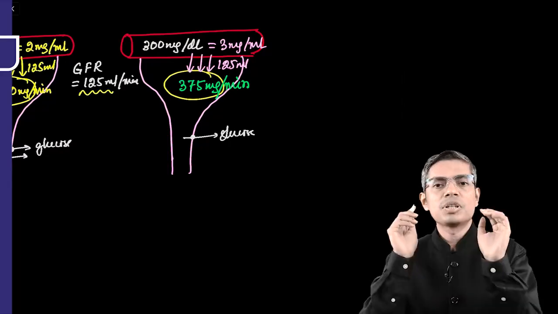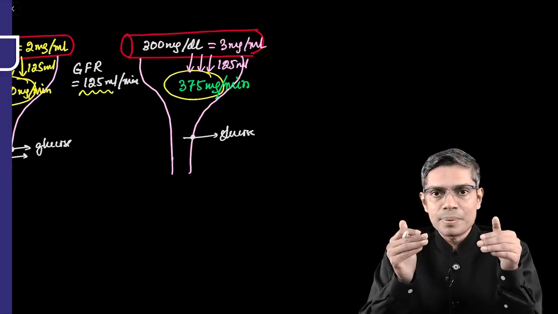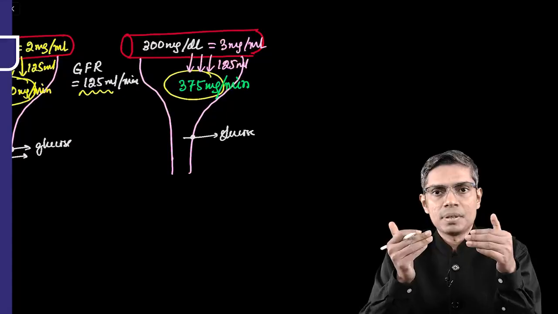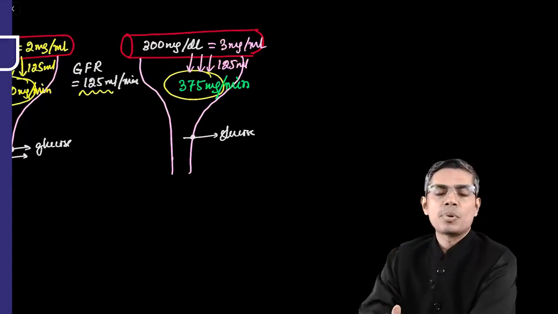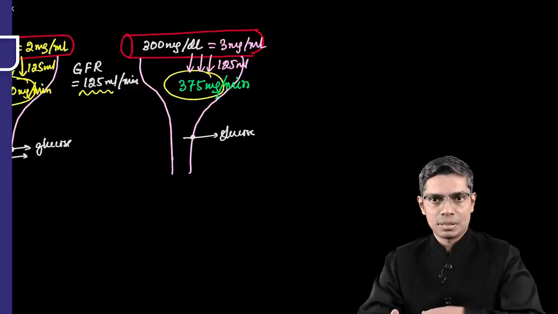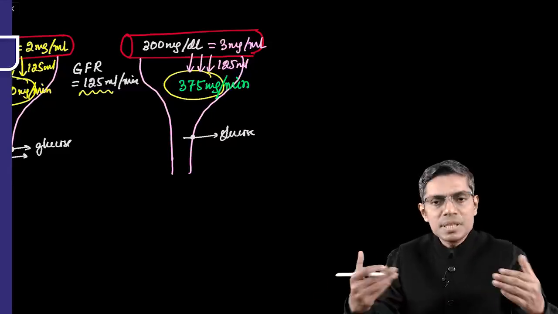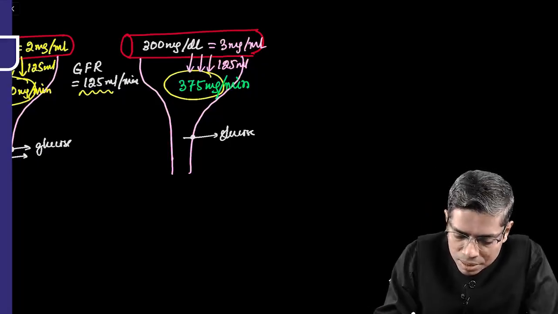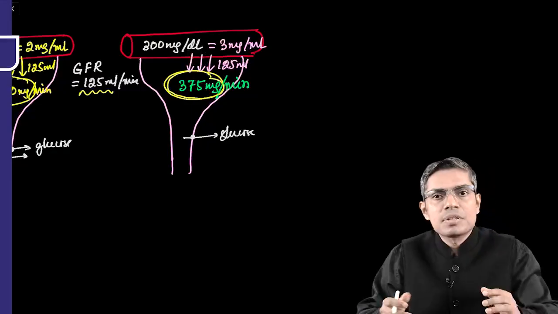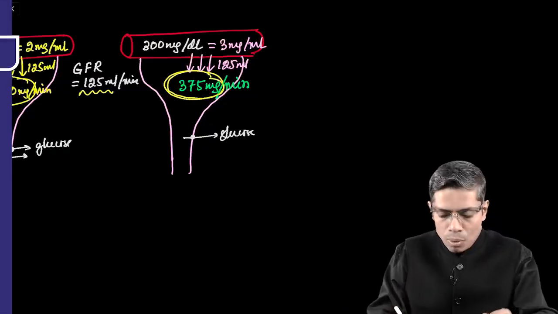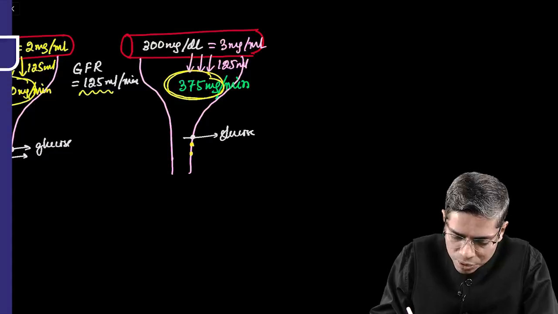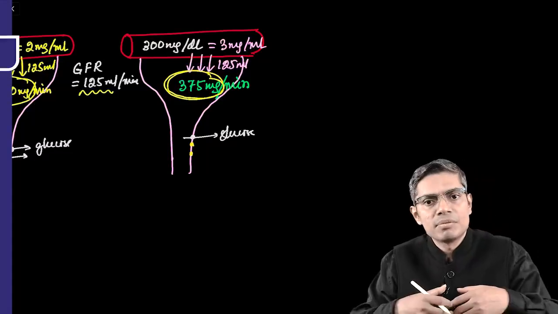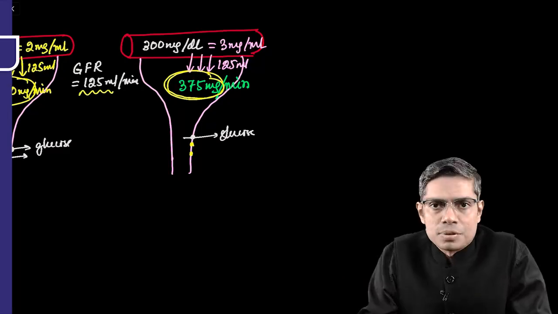Now this glucose reabsorption is done by a carrier protein or transporter protein which has a property of saturation. What do you mean by that? It means if the glucose amount reaching the level of the Bowman's capsule is very high, then all the carrier proteins, all the transporter proteins, SGLT2 or SGLT1, will be flooded and saturated with glucose.